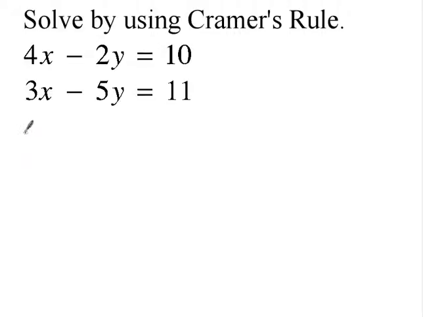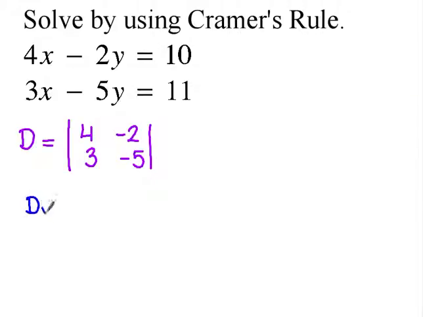Okay. So what I need to do is find what D is. And then I need to find Dx, and I need to find Dy. So D is going to be all the coefficients on the left side of the equation. So in this case, 4, negative 2, 3, negative 5. Okay, so that's what D is.